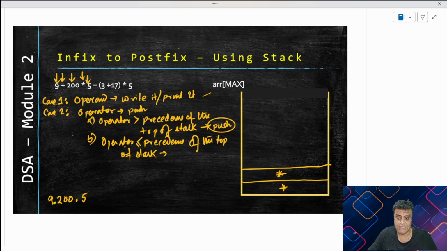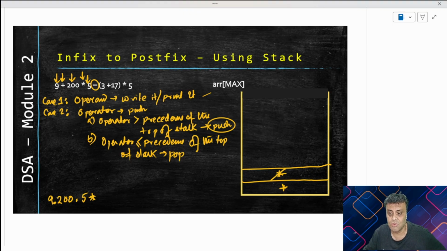The operator coming to you, this minus, was lesser, because we had star at the top of the stack. So pop the star. That is what we are saying. Pop the star means star comes here, so we will pop the star from here. The star is no more there.